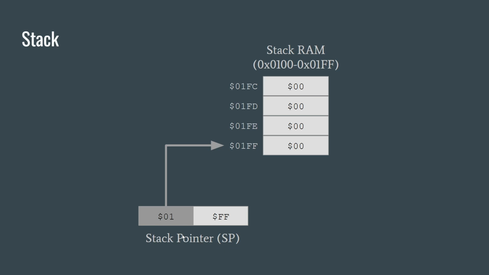Well, the stack pointer has really 1 byte worth of data down here, and a second phantom byte that's kind of hard-coded. And on some devices this might be different, but for the 2A03 device, this is hard-coded to 1. And on reset, the device puts the SP register, which is this bottom half, to FF. And so this entire thing together points to 1FF, the very last address in that stack RAM range that we talked about.